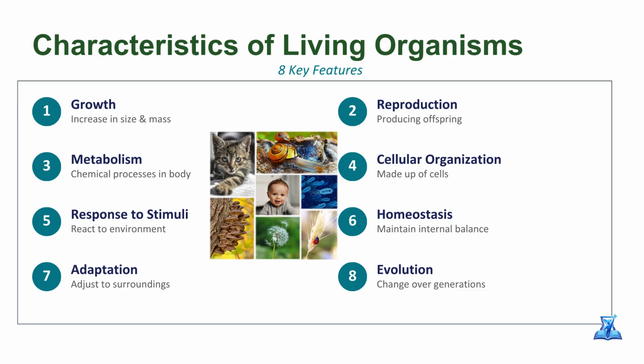Chemical processes in the body, known as metabolism, are also vital. They help convert food into energy and support all bodily functions. Living organisms respond to their environment through reactions to stimuli, enabling them to adapt and survive changes around them. Adaptation is a crucial feature that allows species to adjust to their surroundings over generations.